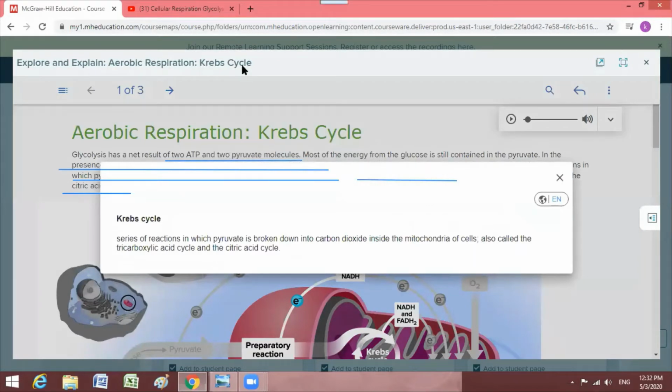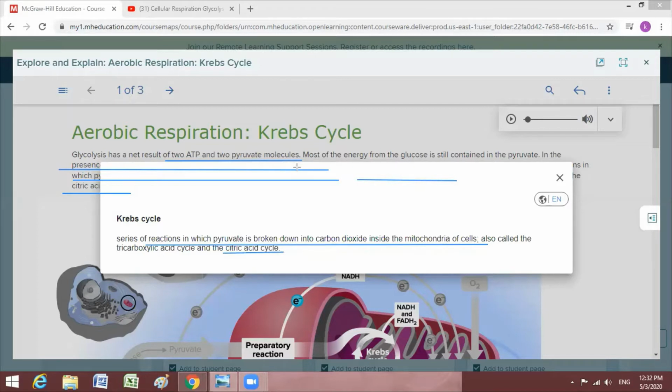What is the Krebs cycle? Reactions where pyruvate is broken down into carbon dioxide inside the matrix, inside the mitochondria of cells. Also called the TCA cycle, which is the tricarboxylic acid cycle, or simply the citric acid cycle. So after glycolysis, aerobic respiration is the Krebs cycle.